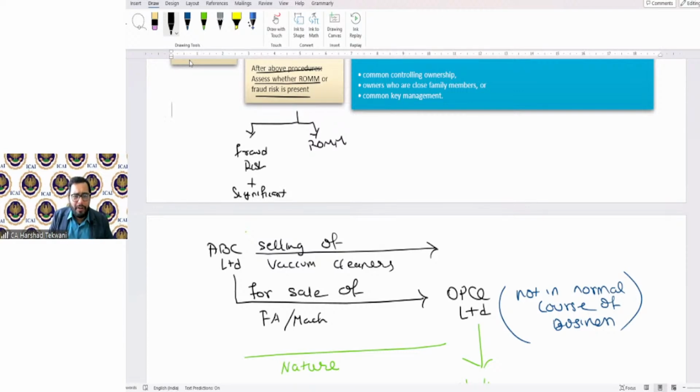High, medium, low. So we might have come to a conclusion in this particular way.